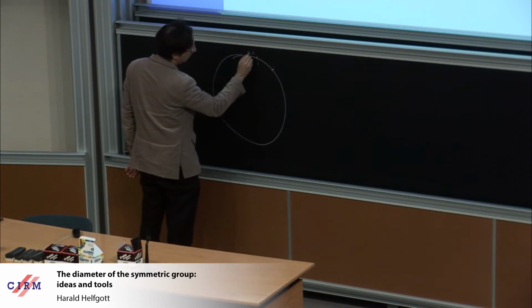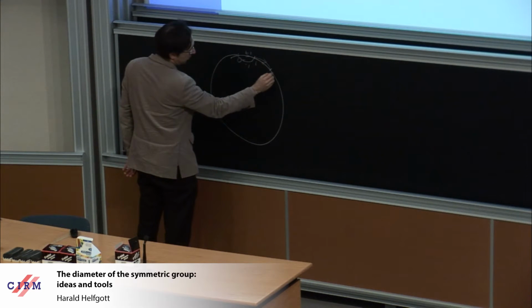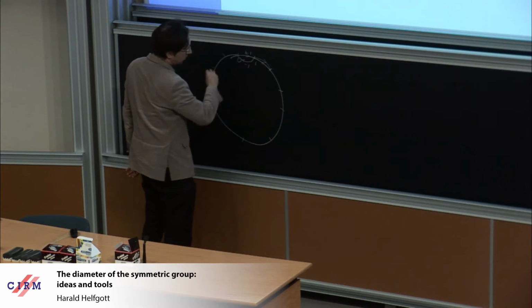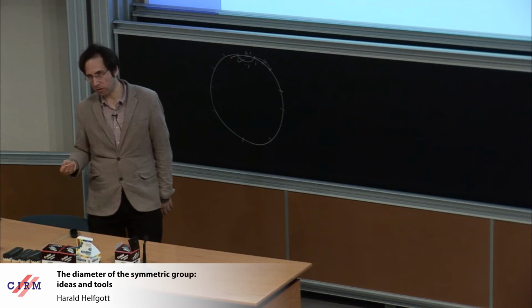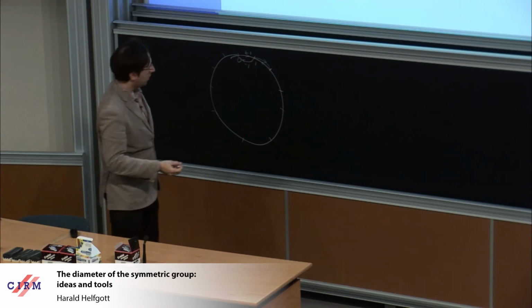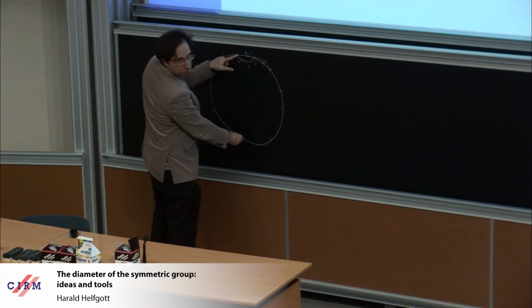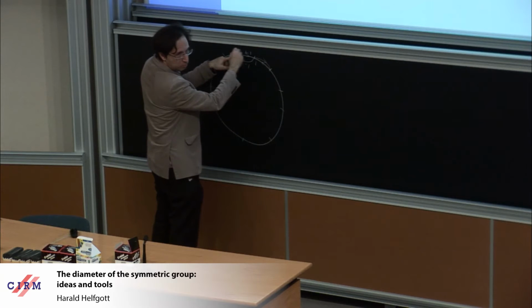Plus 1 in this direction, minus 1 in this one, and so forth. So it's going to be a circle, not a disk, a circle, and so this will have a very large diameter, because if this has n nodes, then the distance between this and that is going to be n over 2.